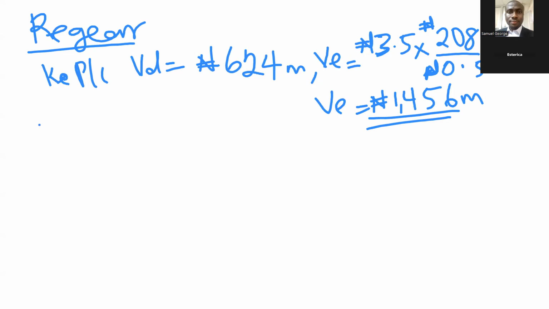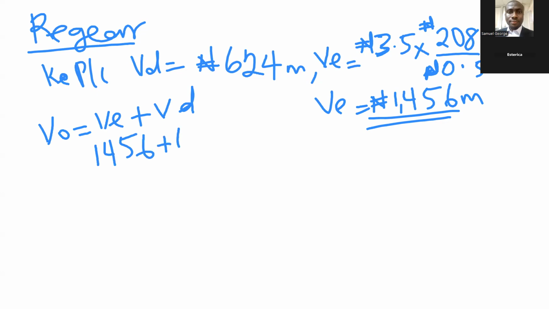Because we are going to need it, the total market value of the company, which is VE plus VD, is 1456 plus 624. We are going to need this when we are calculating the WACC. We have 2,080,000,000. So that is the total value of the company.